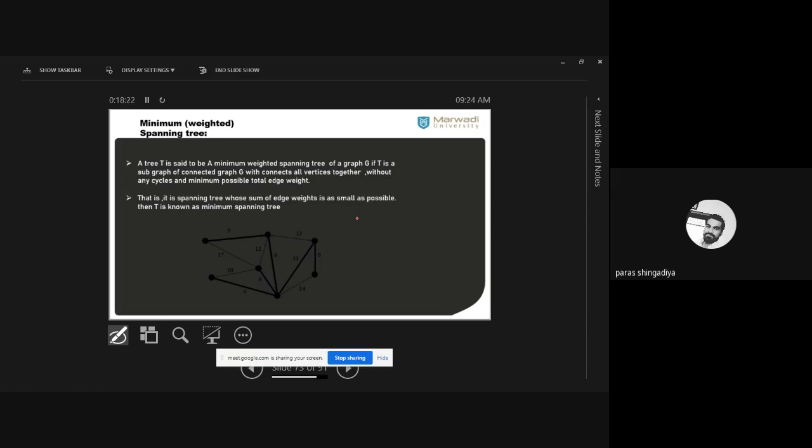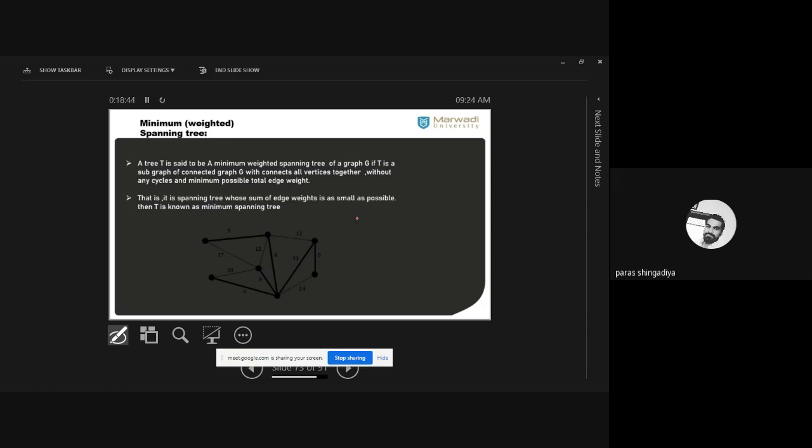Minimum possible total edge weight means we involve such edges whose weight is minimum, and then afterwards we'll find the total. Total weight: 6 kilometers plus 5 kilometers plus 3 kilometers plus 2 kilometers, जो भी उसका weight है, when we total it, that should be the minimum. And then we can say that this edge has a minimum weight.